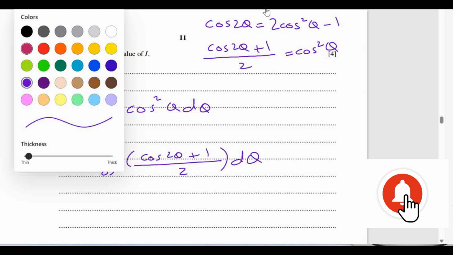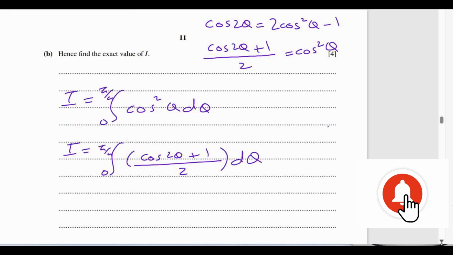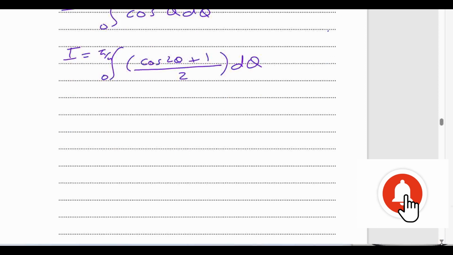Now we can simply integrate this one. So how can we integrate? Let's see. I is equal to 1 by 2 times the integral from 0 to pi by 4 of cos 2 theta d theta plus the integral from 0 to pi by 4 of d theta.